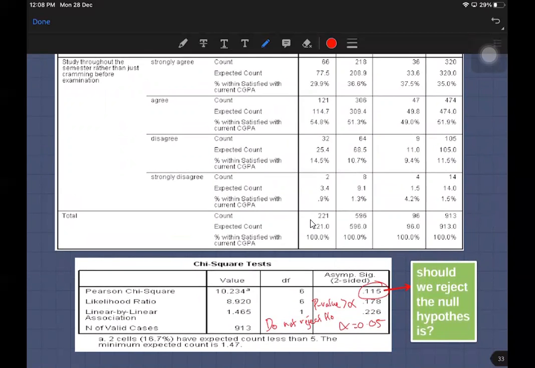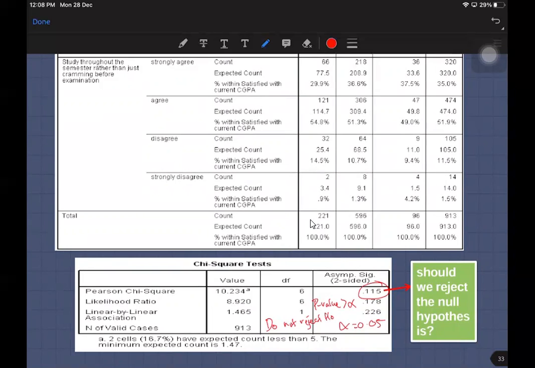If you use SPSS, you need to use the p-value approach. I repeat, if your p-value is greater than your alpha significance level, your decision will be do not reject the null hypothesis and conclude that there is no relationship between the two variables.